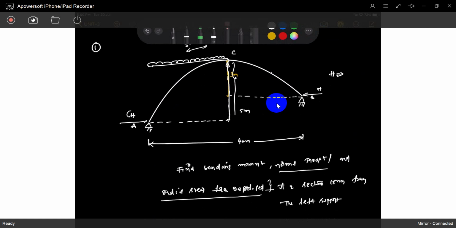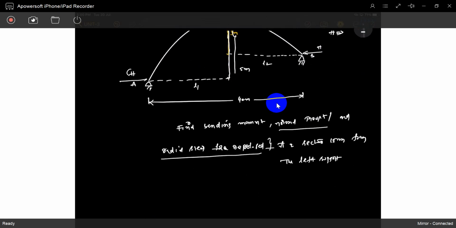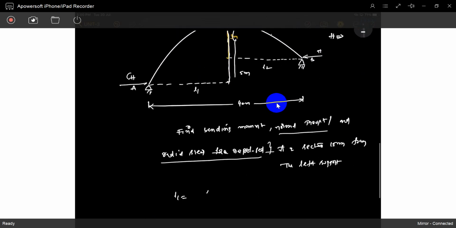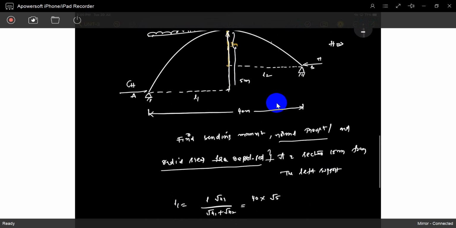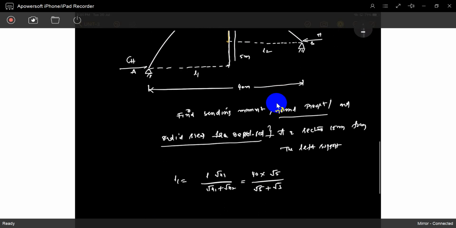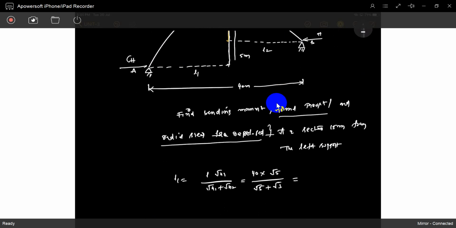First we want to divide the span into L1 and L2. You can directly write L1 as L root H1 by root H1 plus root H2. Here L is 40, H1 is root 5 and H2 is root 3, so L1 is 40 root 5 over root 5 plus root 3, which is 22.54 meters.